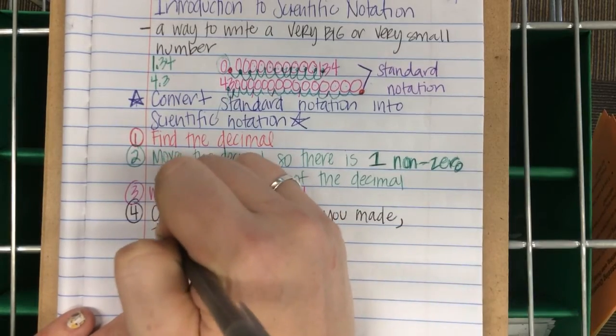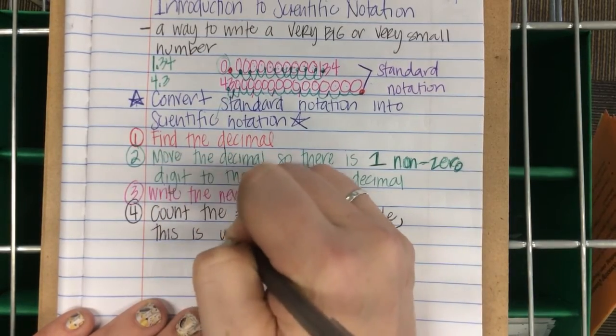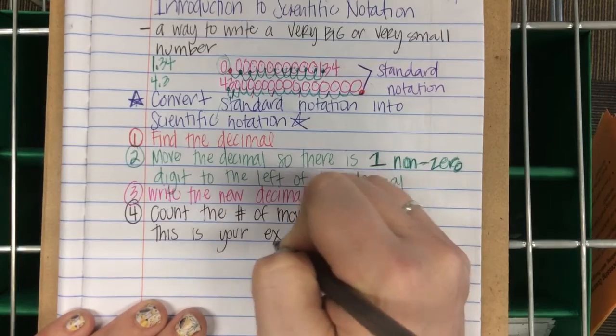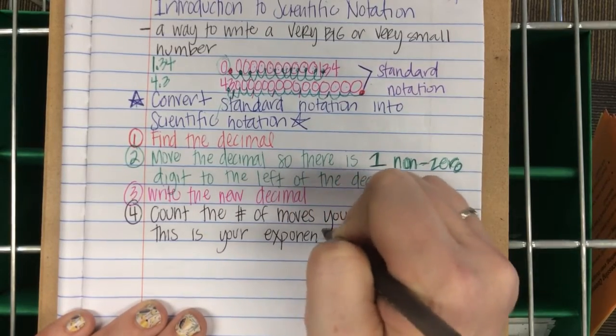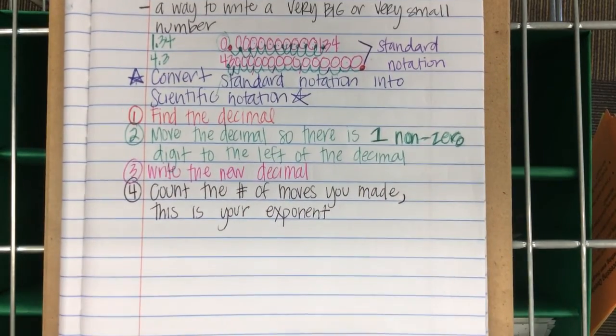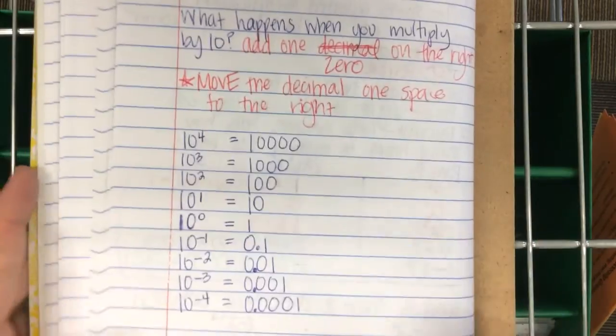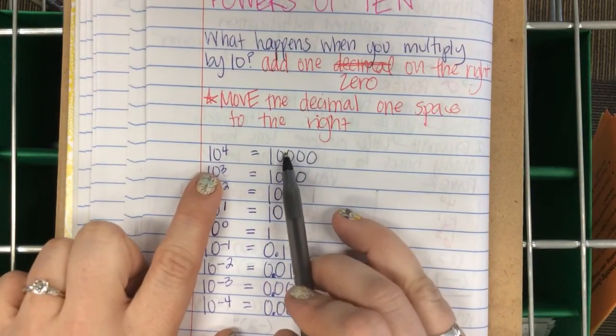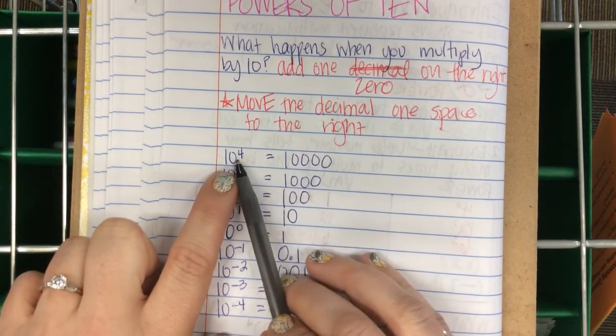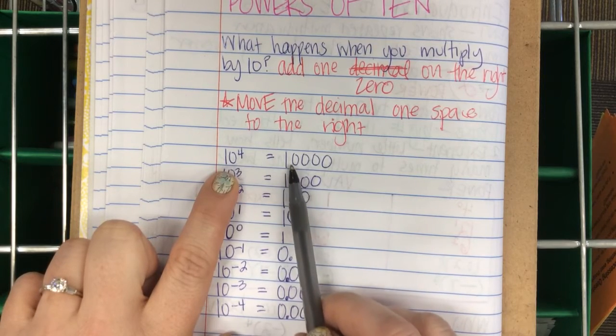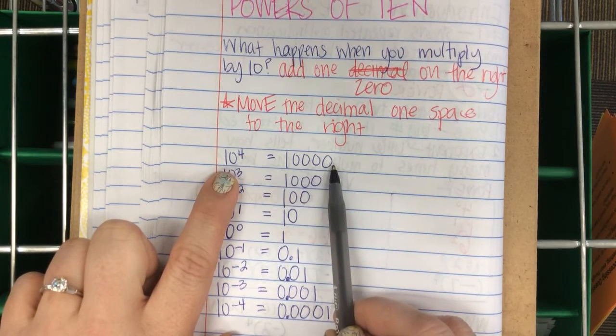Ladies and gentlemen, this is your exponent. Because remember what we talked about yesterday? It's going to flip over. 10 to the 4th means that there are 4 zeros behind it.